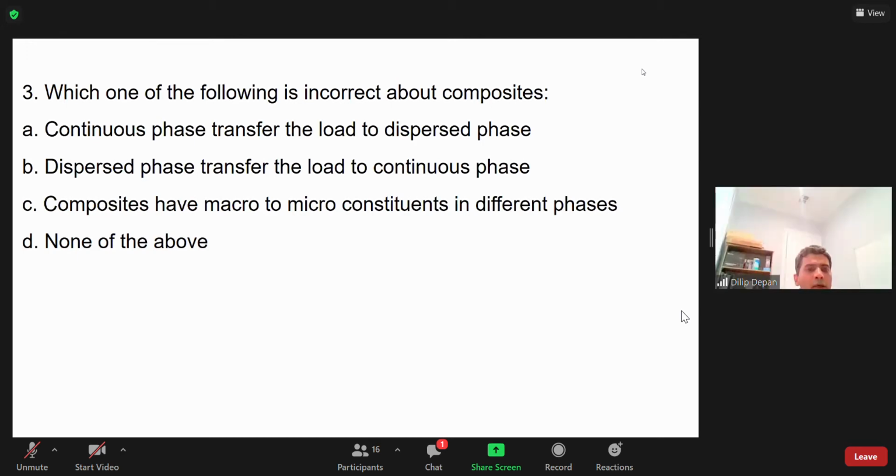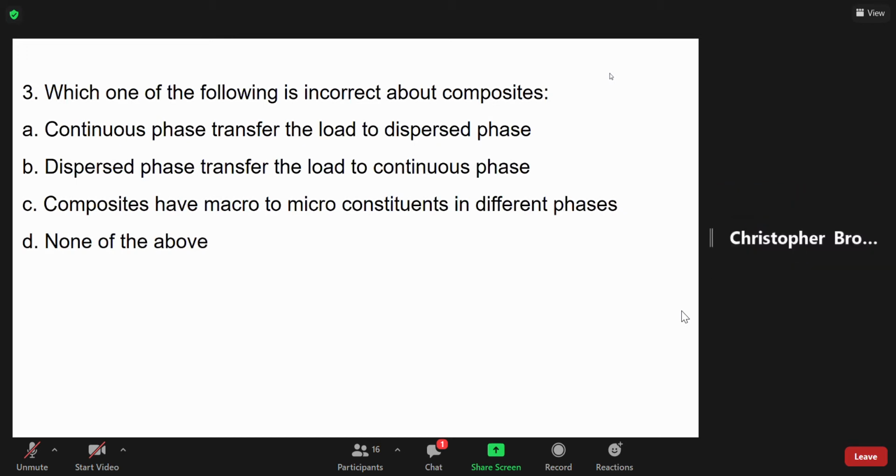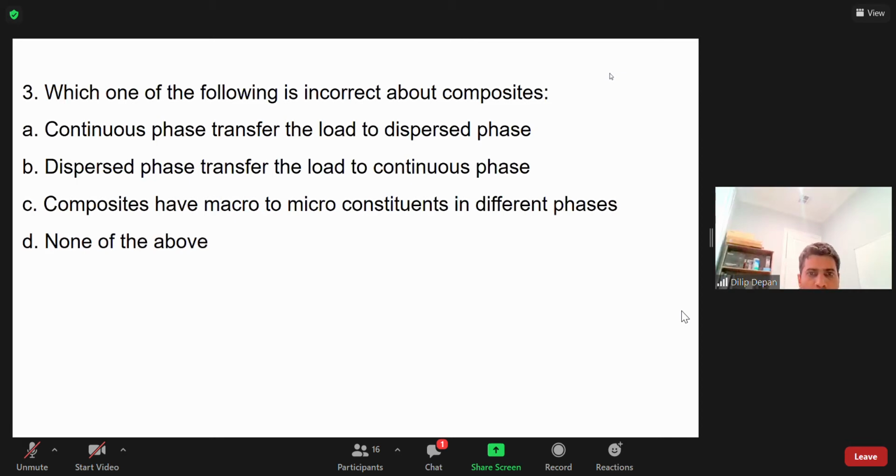So is it the continuous phase transfers the load to the dispersed phase? The dispersed phase transfers the load to the continuous phase? Or composites have macro to micro constituents in different phases, or none of the above? I think if I got this question on a test, I'd pick D. You'll take D, none of the above. So all the statements are correct? Yes.